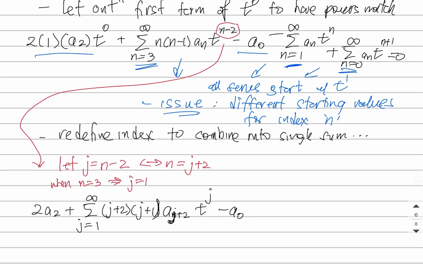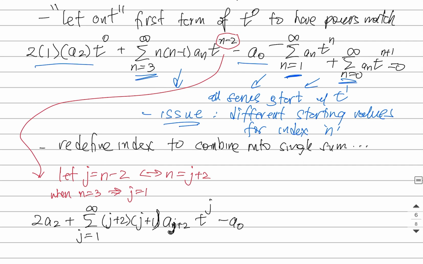Now, we want this next summation to start at the same power. In this particular case, there's not much we need to do. We'll leave it so that j is equal to n, and we'll start everything at 1. And in this last case, we're going to let j equal n plus 1, so that when n is equal to 0, j is equal to 1.